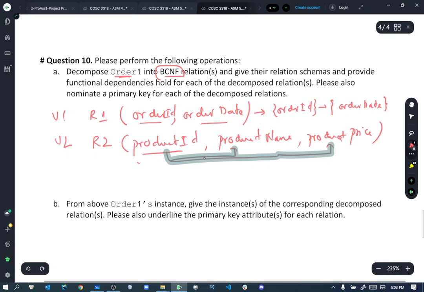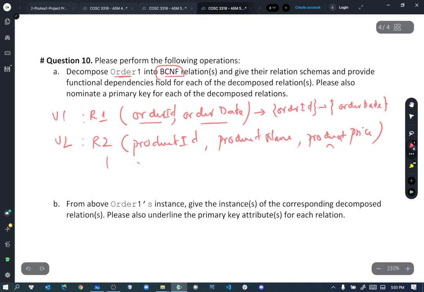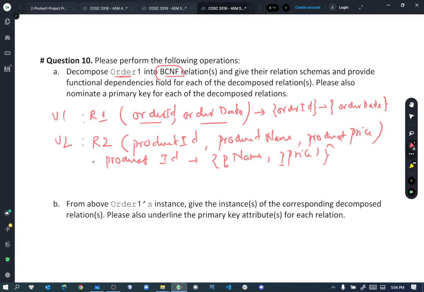So what holds in here is product ID determines product name, product price. I'm too lazy to write the whole product, so I mean P price here. So this one will hold in there.